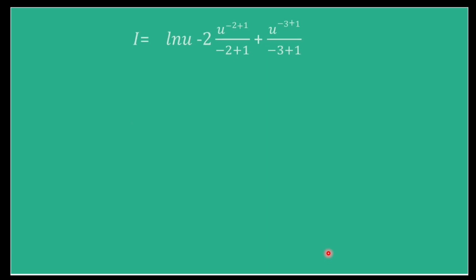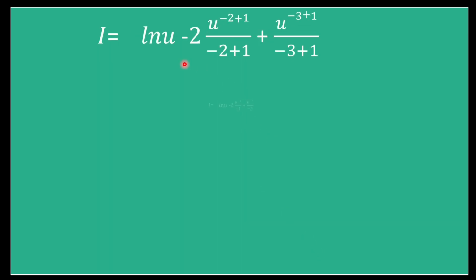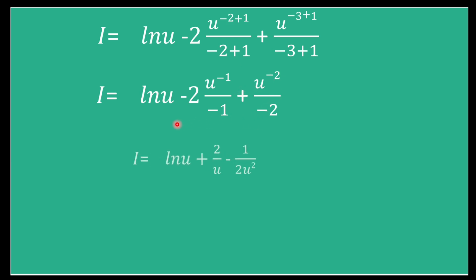And now this is ln u, and minus 2 plus 1 equal to minus 1, and u power minus 1 divided by minus 1. And similarly, u power minus 2 divided by minus 2. Now we can write this as ln u, and minus multiplied with this minus will become plus, so plus 2, and u power minus 1 can be written as 2 divided by u.